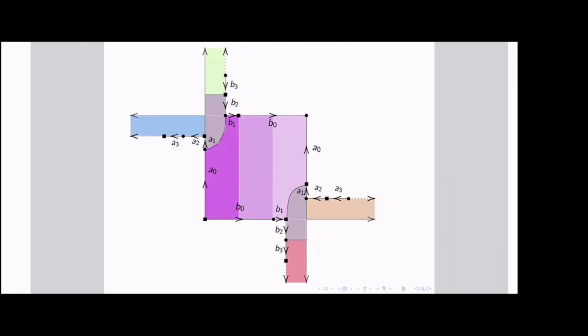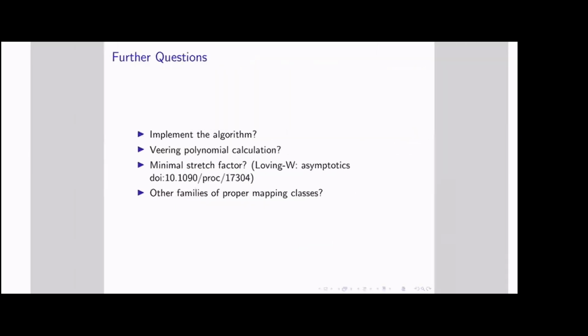On the other hand, if we start from an end-periodic pseudo-Anosov mapping class, we can get the Markov decomposition, so we also get a collection of rectangles getting sent to themselves. Because this construction goes in both ways, it's potentially possible that we may be able to make use of it, together with some more combinatorial techniques, to get this minimal stretch factor, not just the asymptotics, but the actual number for cases where the topological complexity is low.